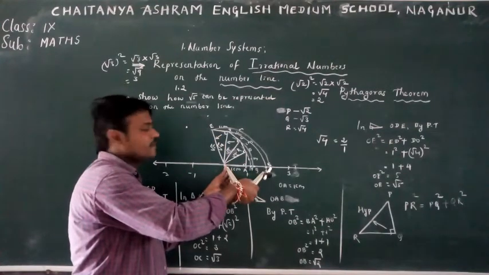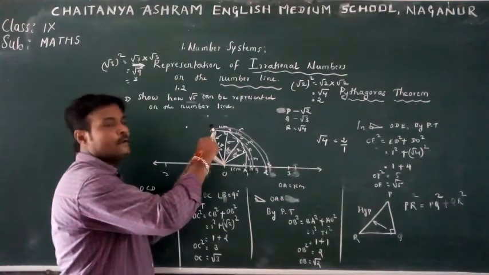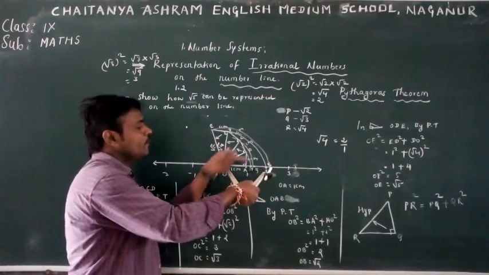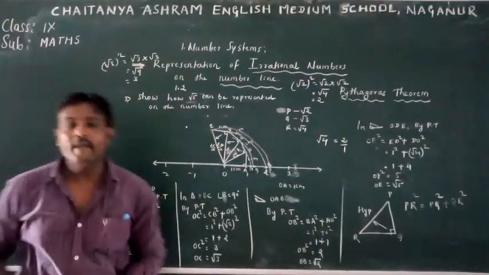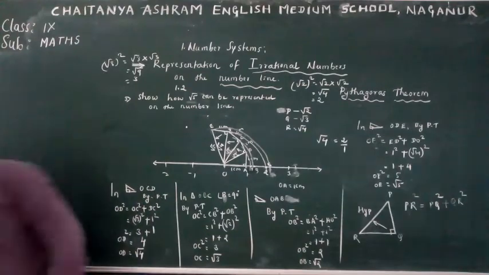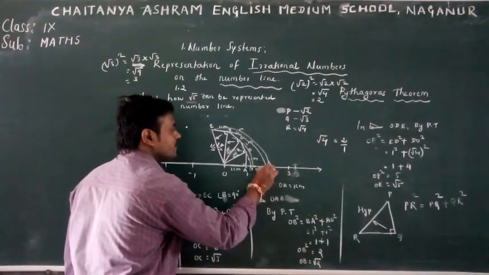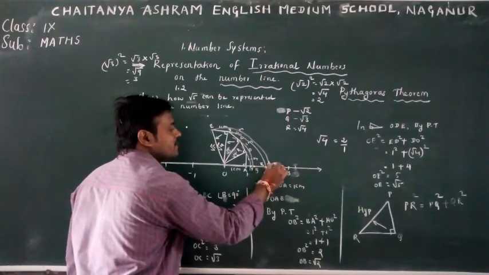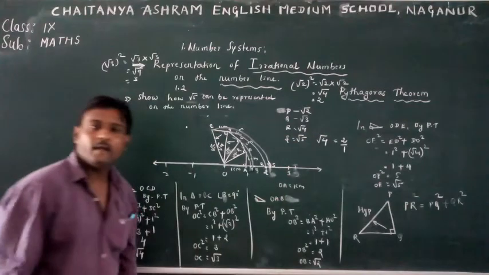Both are of the same length. Then this is root 5, this is also root 5. So this point is root 5 on the number line. This is our earlier point R. This point is say S. So S represents root 5 on the number line.